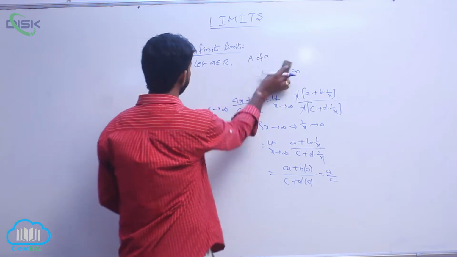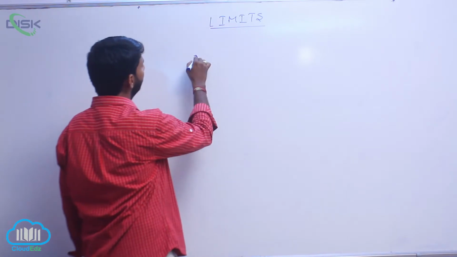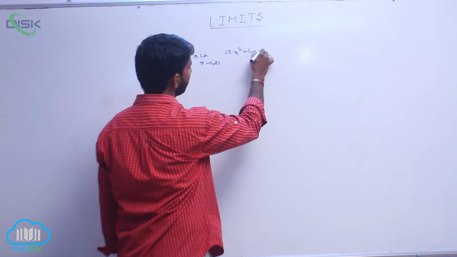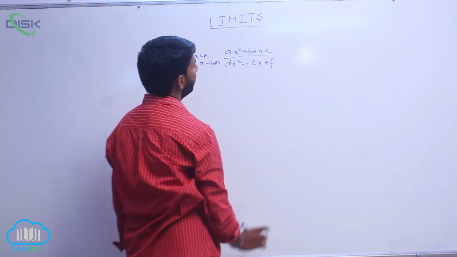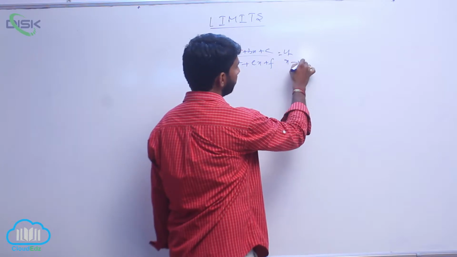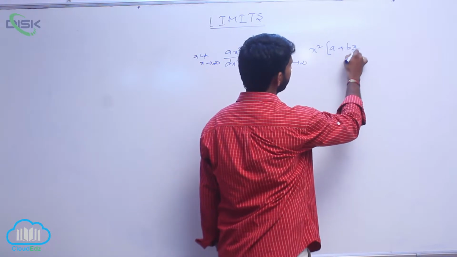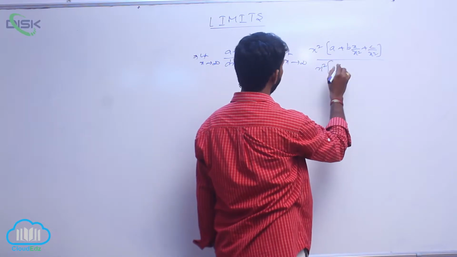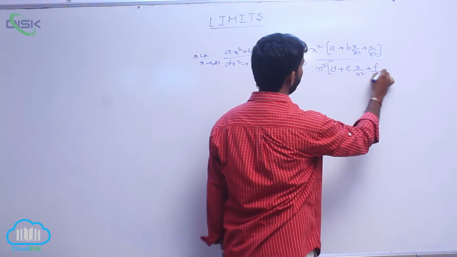And next one, limit as x tends to infinity, ax square plus bx plus c by dx square plus ex plus f. Take numerator and denominator, x square is common, that is the limit as x tends to infinity, x square of a plus bx by x square plus c by x square, by, in the denominator x square is common, d plus ex by x square plus f by x square.